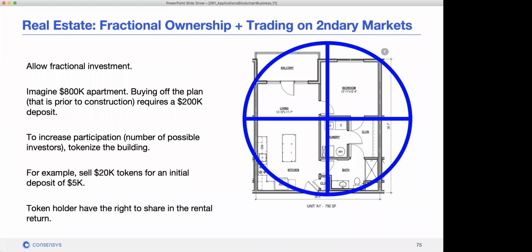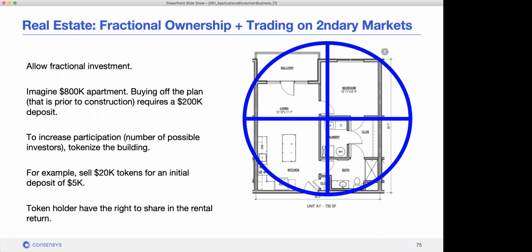You can also do fractional investment. Maybe there's an apartment and it's going to cost $800,000. But if you're buying it off the plan, you only have to put in $200,000. And then the idea is by the time it's built, it's going to be worth $1 million. So maybe you don't have $200,000. What you could do is offer fractional ownership of the investment in the apartment.